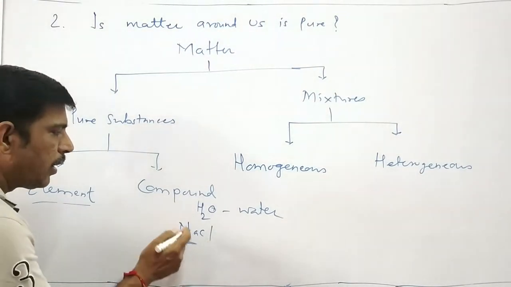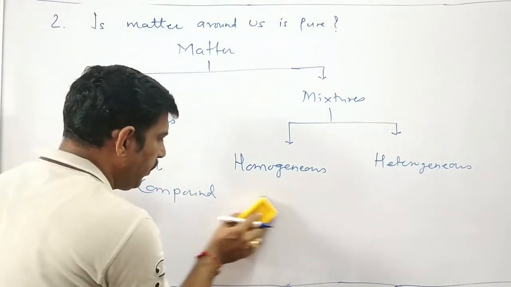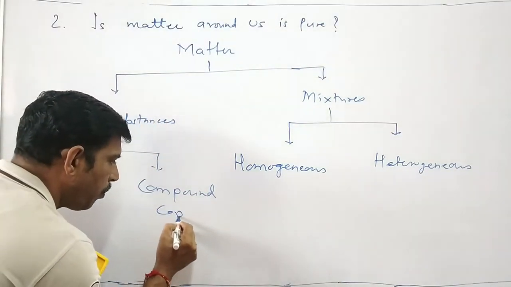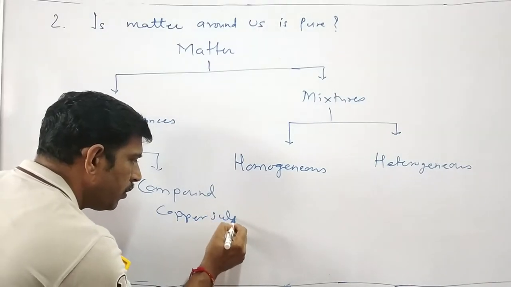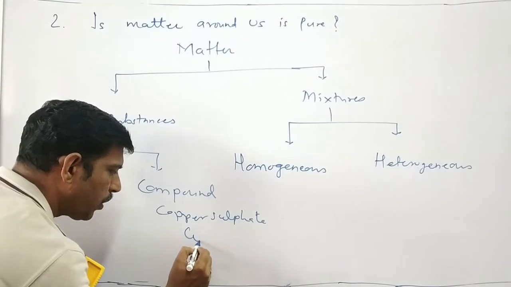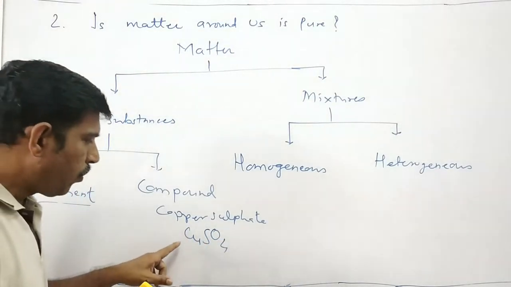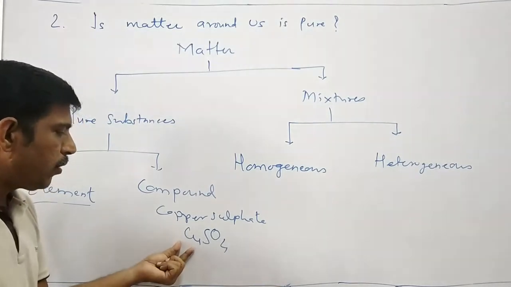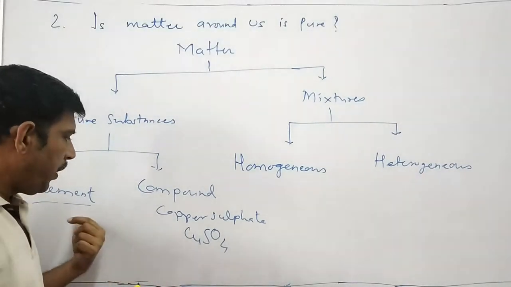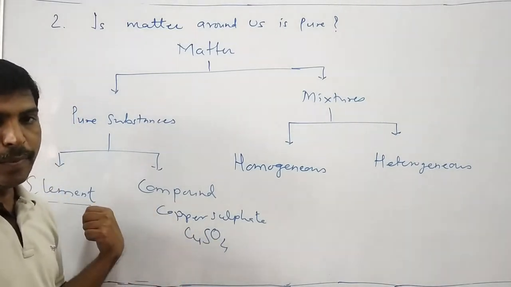So these are the formulas of chemical compounds. One more chemical compound is copper sulfate. For example, the formula is CuSO4. It is formed by combining an atom of copper element, an atom of sulfur element, and 4 atoms of oxygen element.